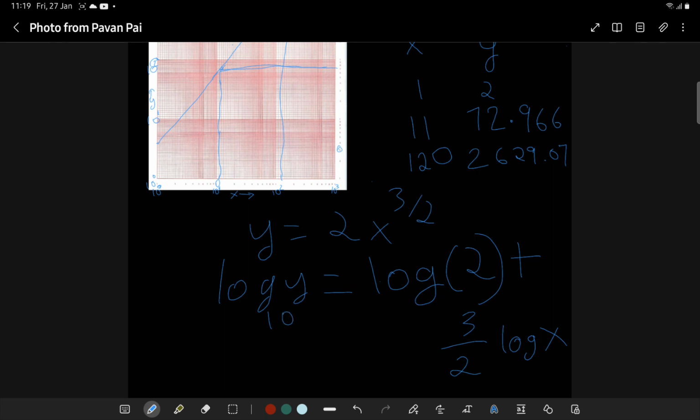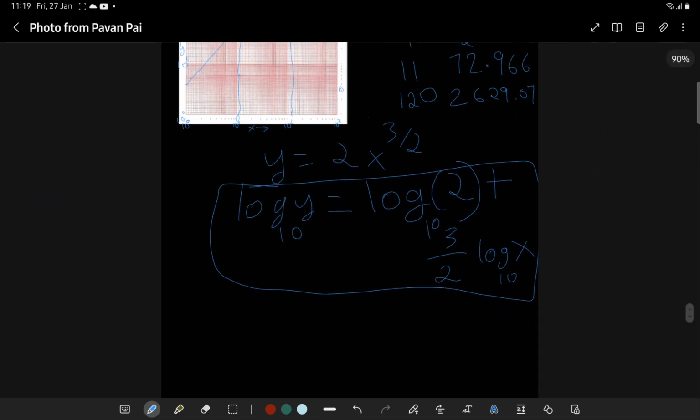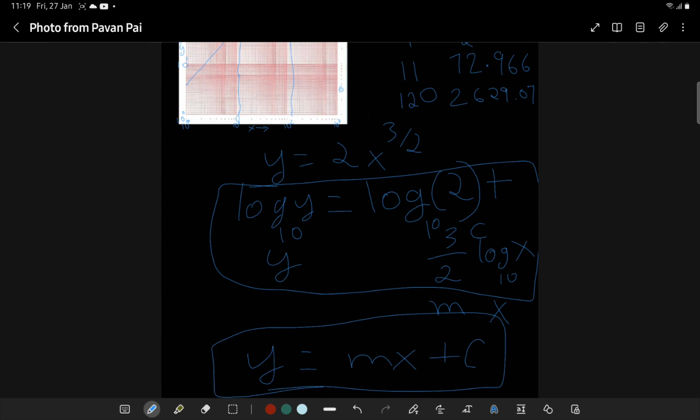Here we'll take base as 10, because we always get normal log graph sheets to the base 10 only, and it will make our calculations easier. This is the reason we get a straight line in log graph. Here log y and log x are in the form y is equal to mx plus c. That's a straight line, and this is the nature of the log graph.